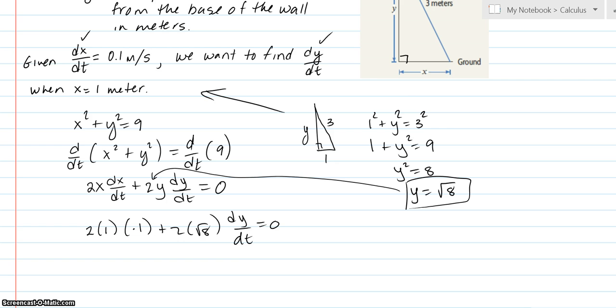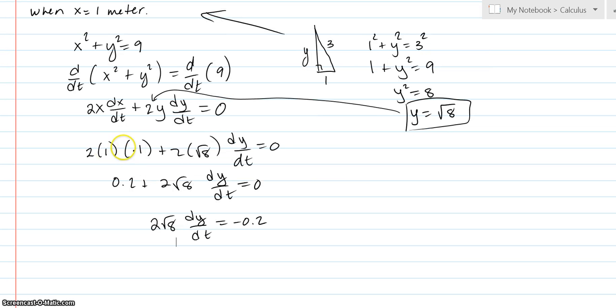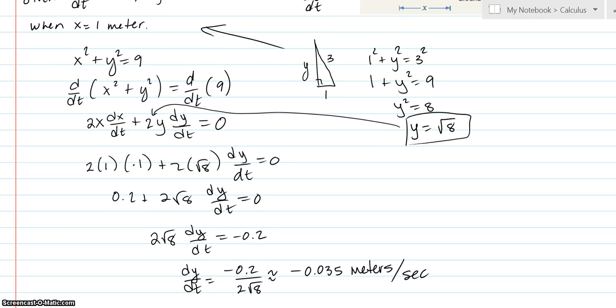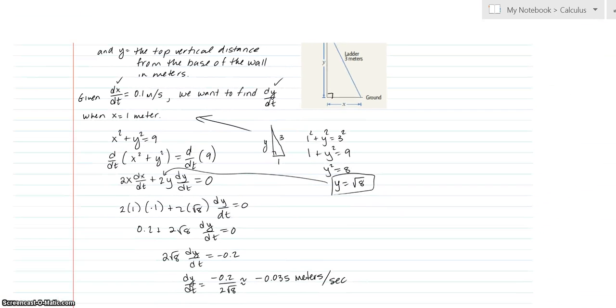If we solve for dy/dt, we get the answer. I'm just going to move this over and divide by 2 square root of 8, which turns out to be negative 0.035, and that would be in meters per second. So what does that mean? Let's go back and look at our picture again.